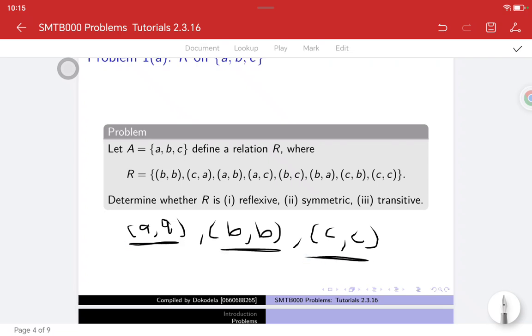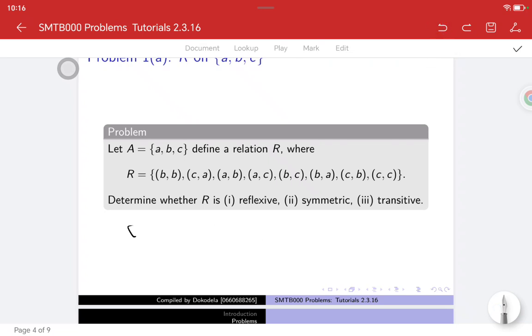But if we check, we do have BB, we do have CC, but we do not have AA. So we can now write a reason here.